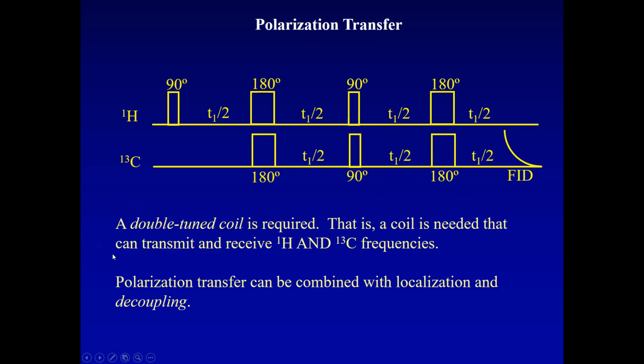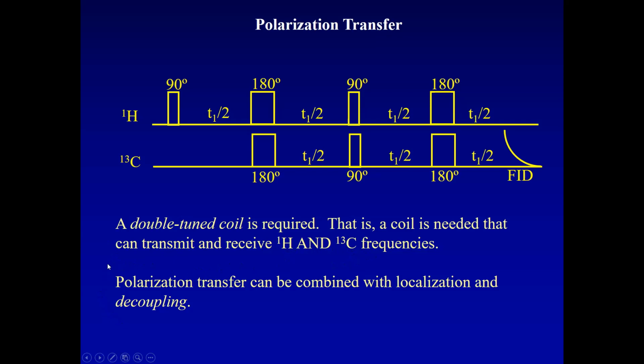We need some kind of a double transmit available and a multi-nuclear capability on the scanner. We have to be able to transmit to protons and also to carbon-13 within the same sequence. It can be done through one coil, or through a combination of coils that as a unit can transmit and receive proton and carbon-13 frequencies.